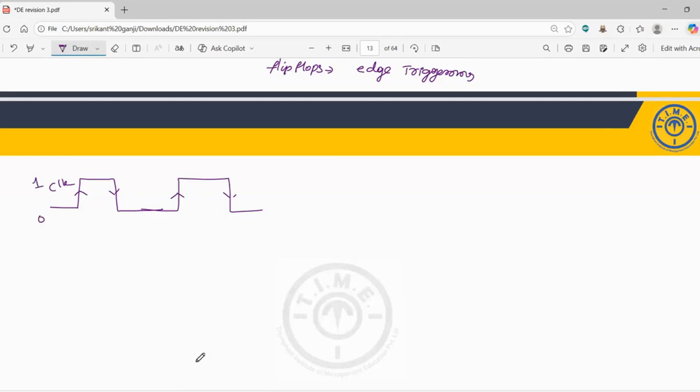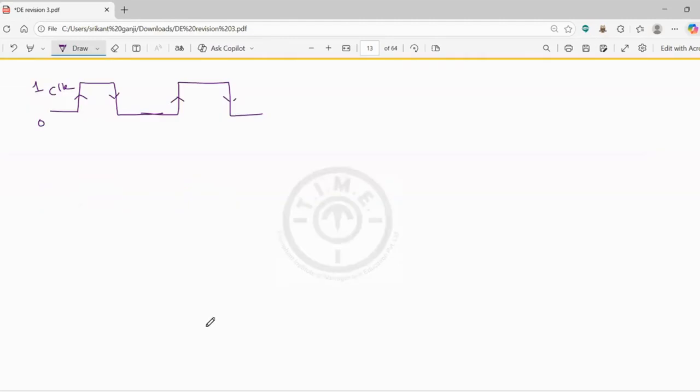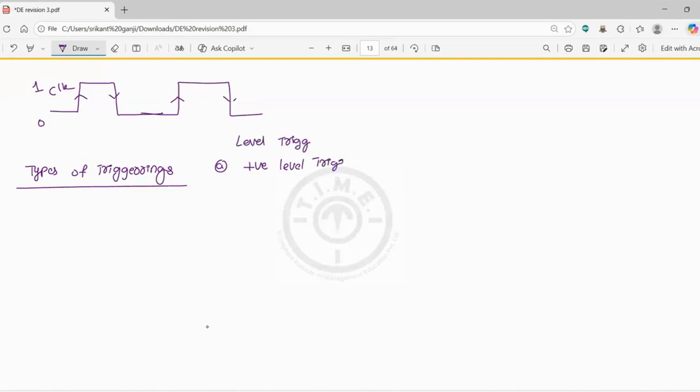Okay, so we are having types of triggerings. First one is called level triggering, where we are having positive level triggering and negative level triggering.